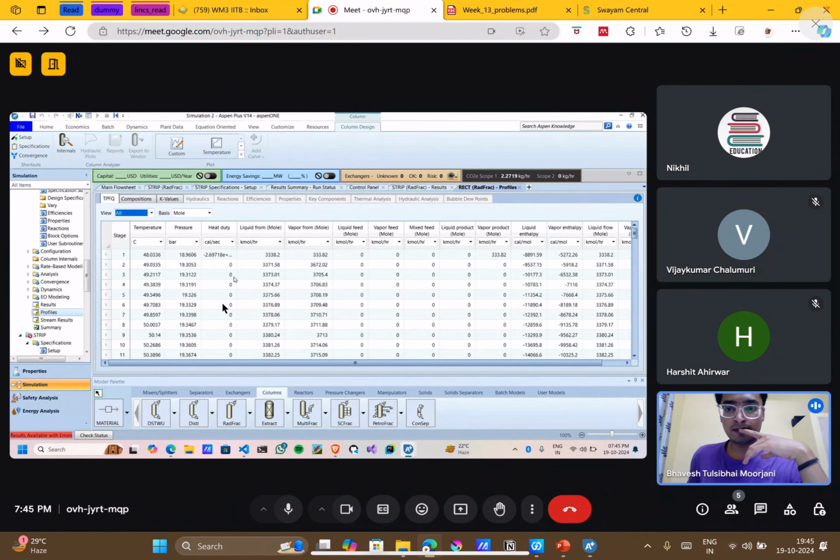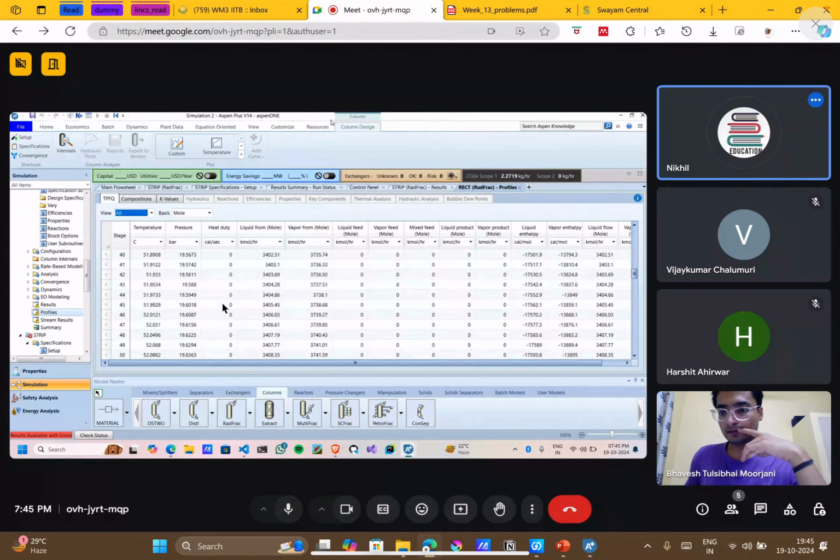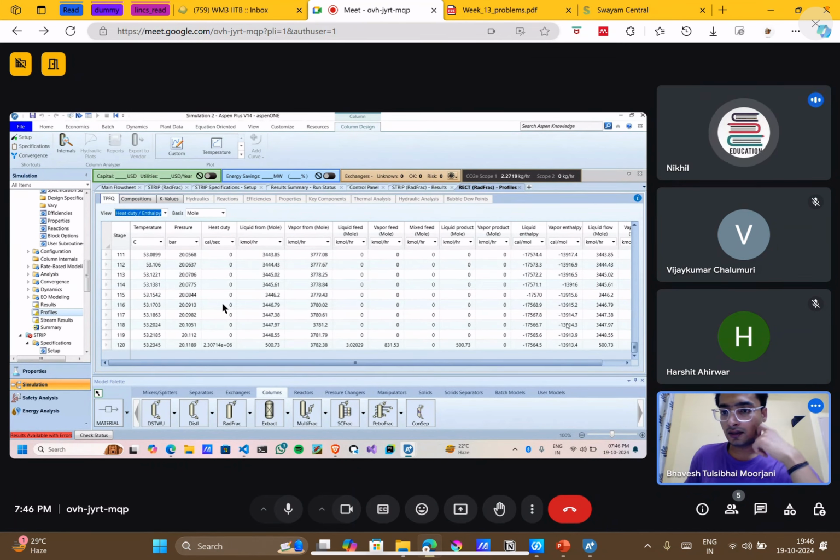Go to stage number 120. Okay, so the bottom pressure is around 20.118, which is slightly higher than the feed pressure at stage 120. Because of that we are getting this error.